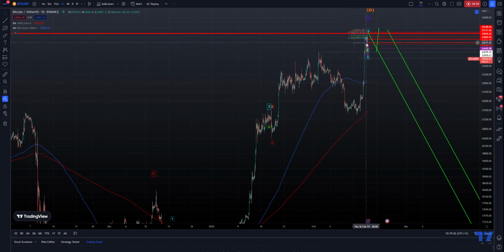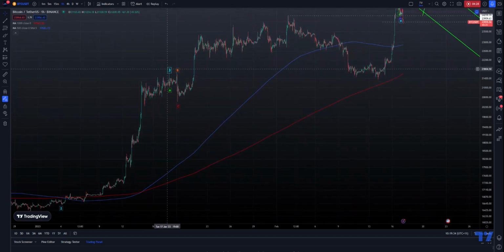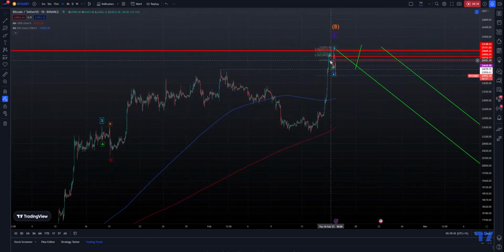So what could explain that pattern being there? And this is the explanation, right? We had one, two, three, right? And right here we had an A, B, C, and then this whole thing is a D. This whole thing is a massive D wave.